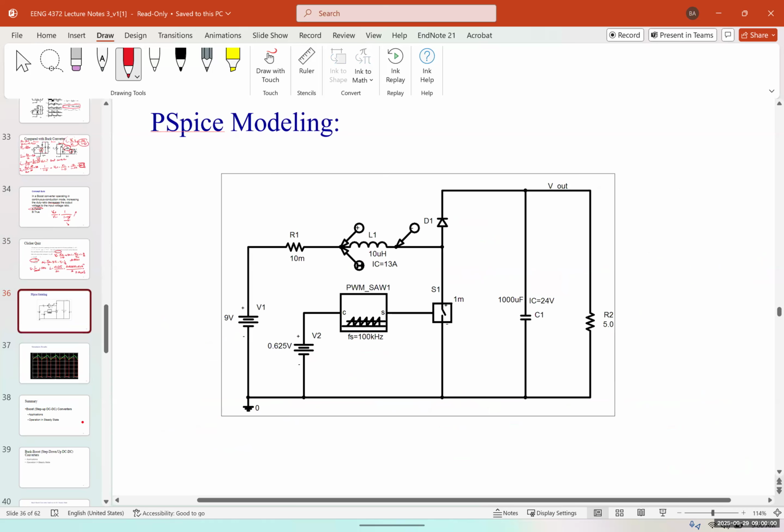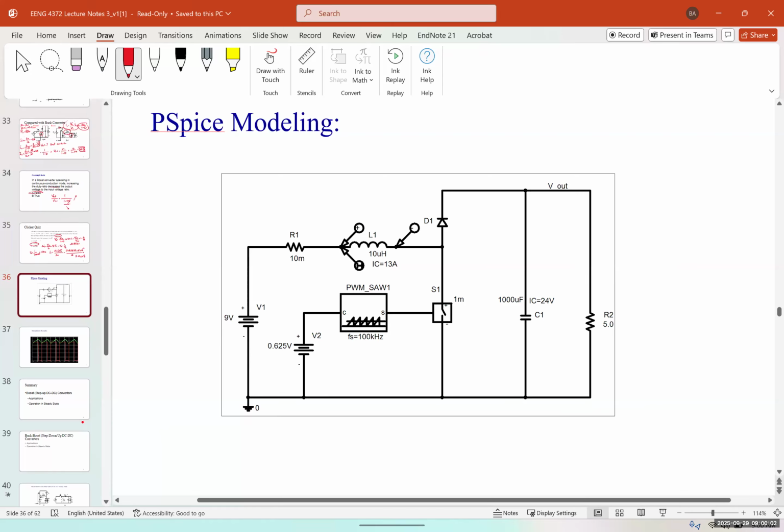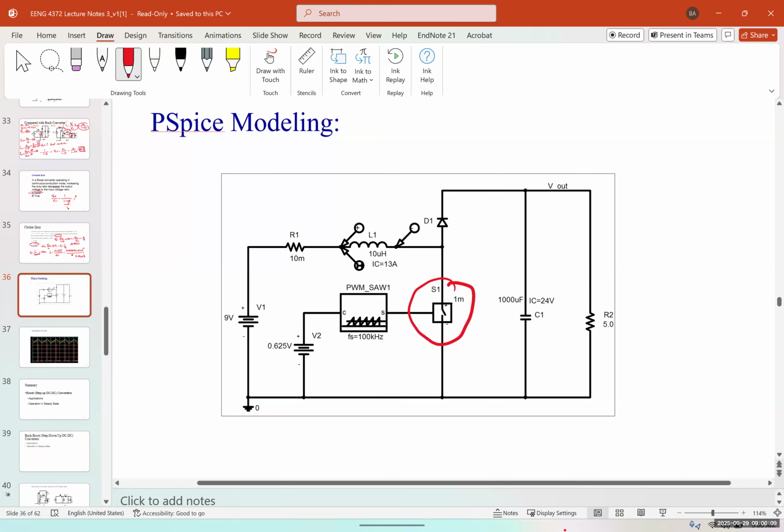Now the PSpice modeling for a boost converter looks like this. Again, you can see we have the switch, we have the pulse width modulator, a signal generator, and in the real world, this is actually an op-amp comparator, and we have the voltage source for that. We have the inductor on the left side of the switch.